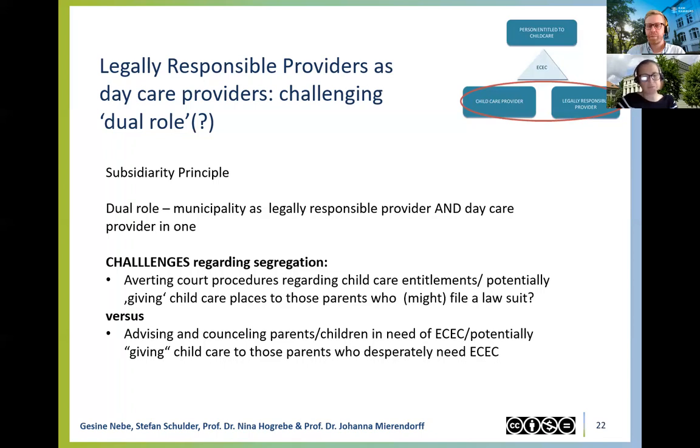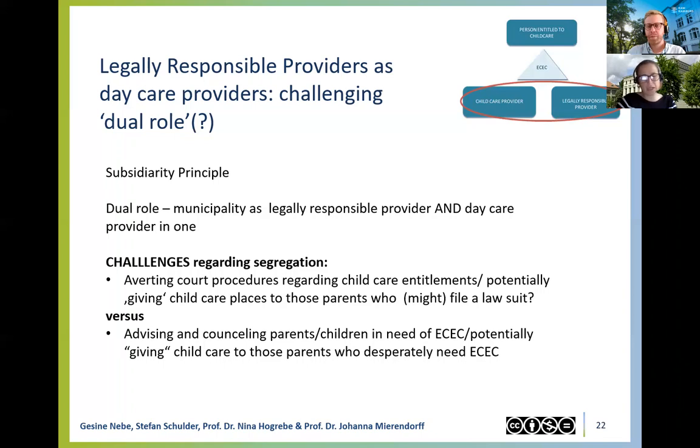On the other hand, the legally responsible providers have to fulfill the task of advising and counseling regarding ECEC. Usually this is provided through consulting hours at the Youth Welfare Office.